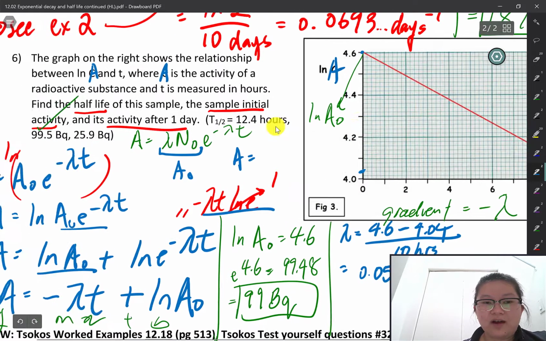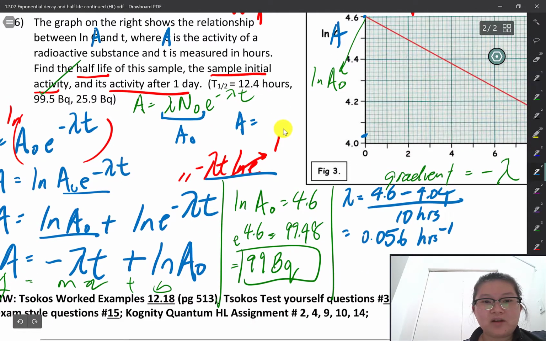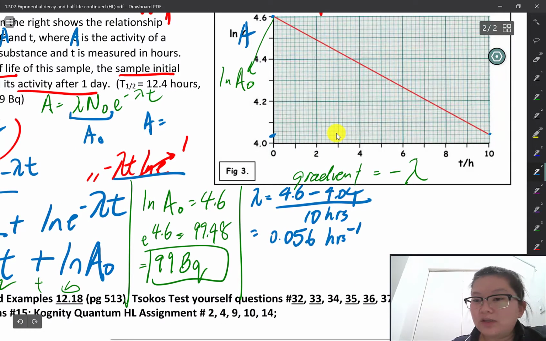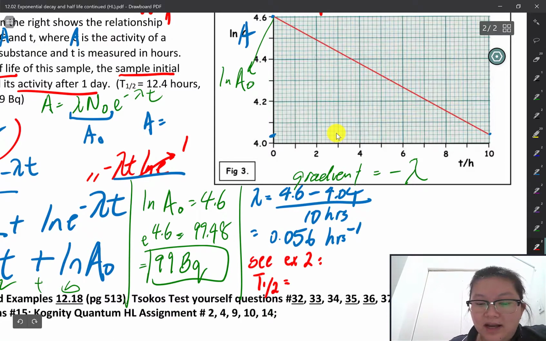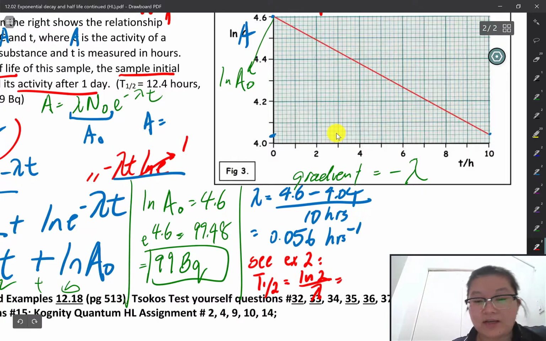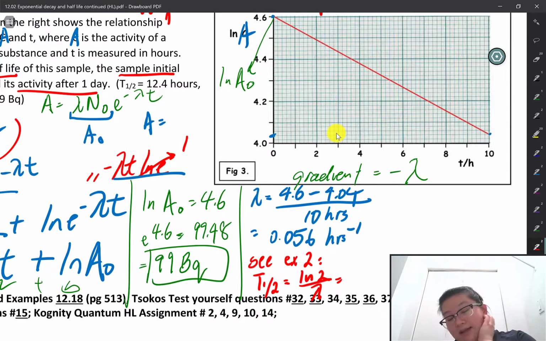To figure out our half-life, I'm just going to write a note here. See example 2. I'm running out of space. So our half-life here is just ln of 2 over our decay constant, which we have already. And on an actual IB exam, you would actually have to show that this is the case.